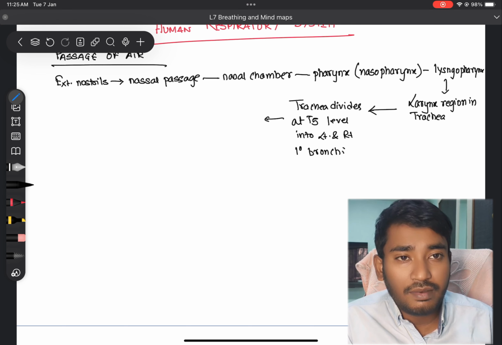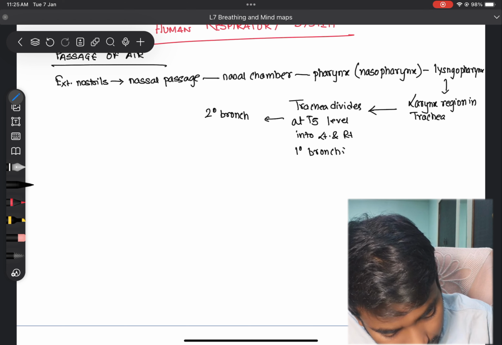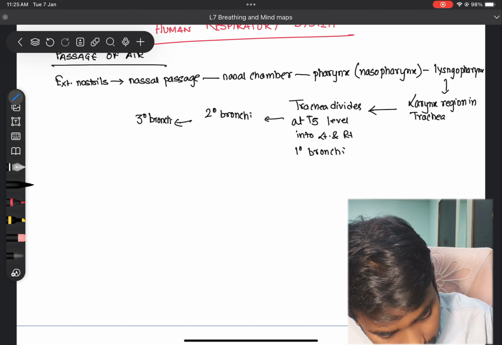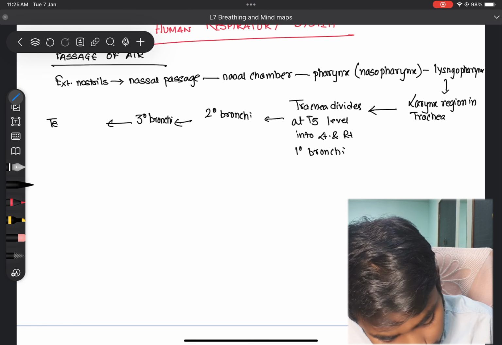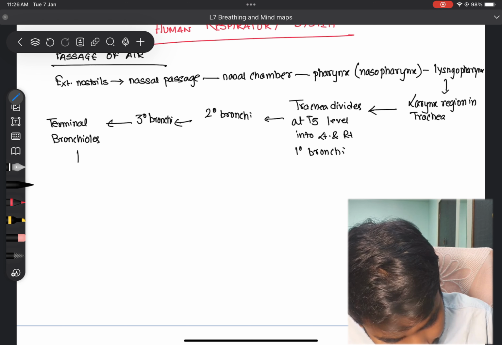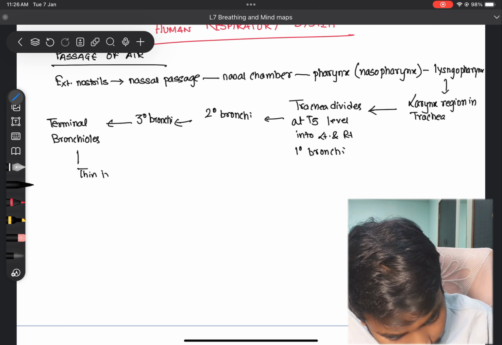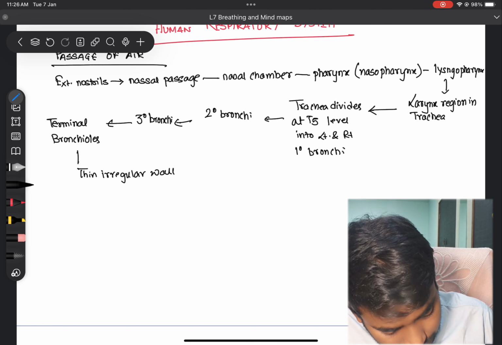From primary bronchi to secondary bronchi, then to tertiary bronchi, to terminal bronchioles, to thin irregular wall.